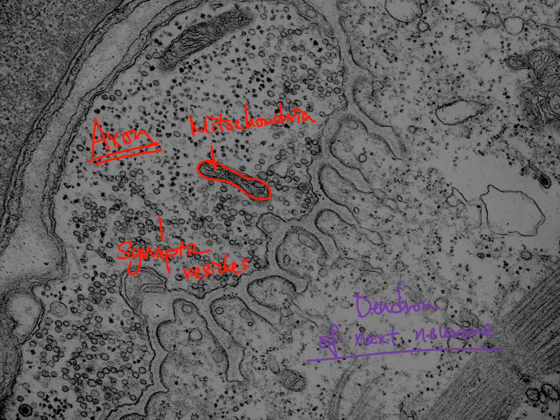In between the axons and the dendron, you can clearly see the gap. This gap is called the synaptic cleft.